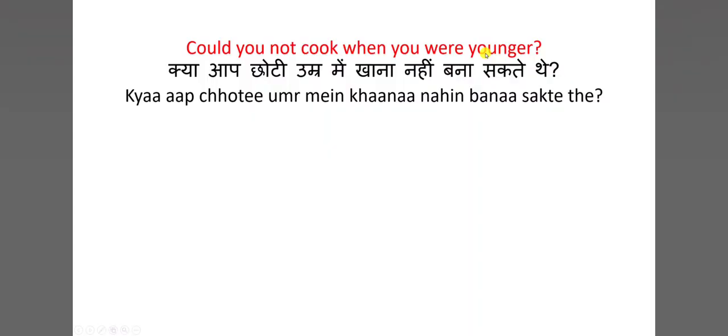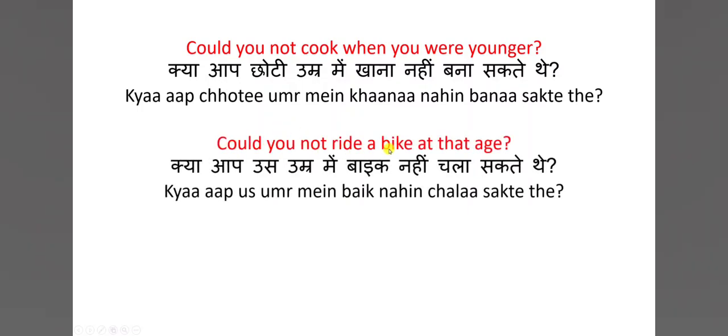Okay. Many a times one-to-one translation from English to Hindi will not be possible. Khana is food. Bana is make or prepare. Khana bana together represents cook. Nahi is not. Sakte the is could.